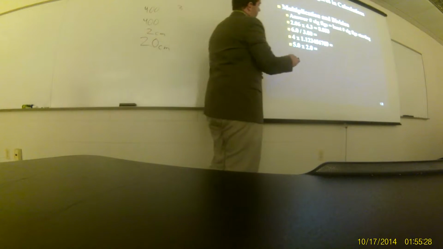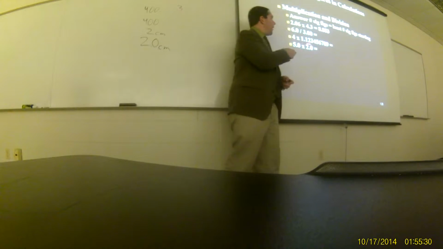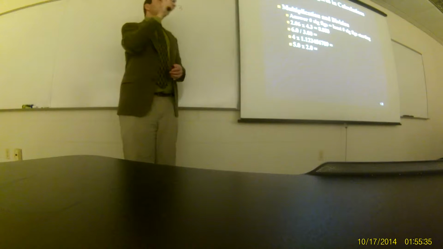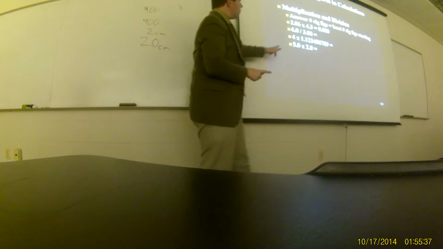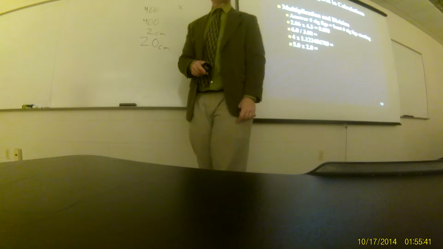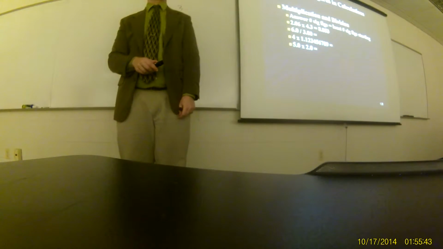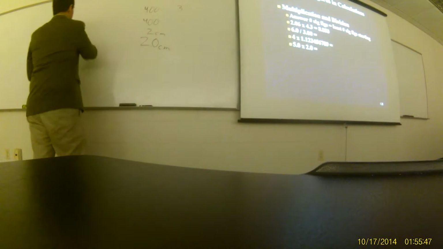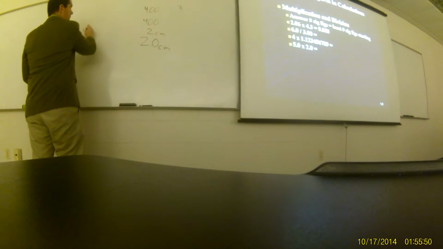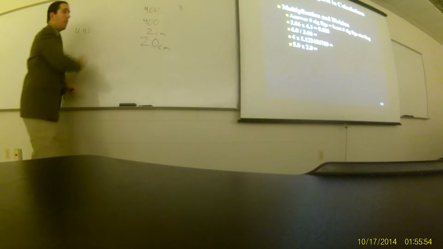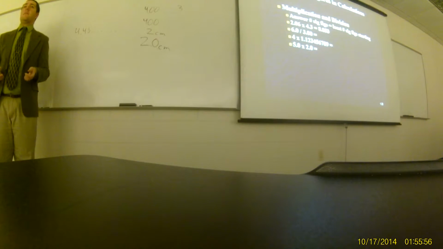Look at this one. How many sig figs should your answer have here? 1. Every single one of you can do this problem in your head. What is the answer? 4. If you put that into your calculator, you're going to get 4.48 something, something, something, but it doesn't even matter.